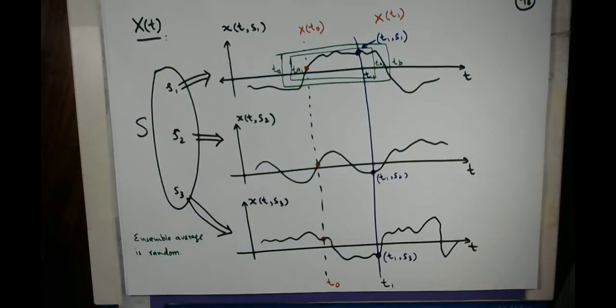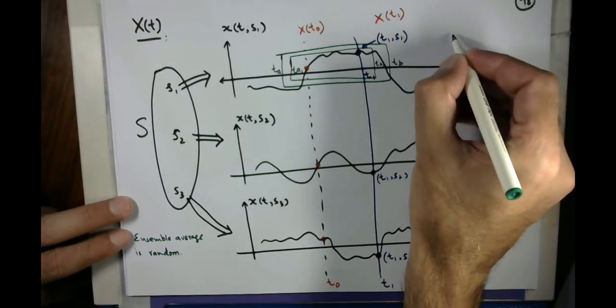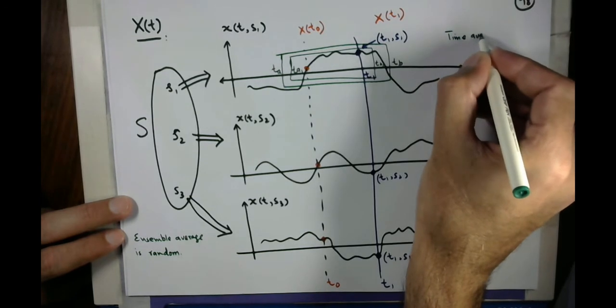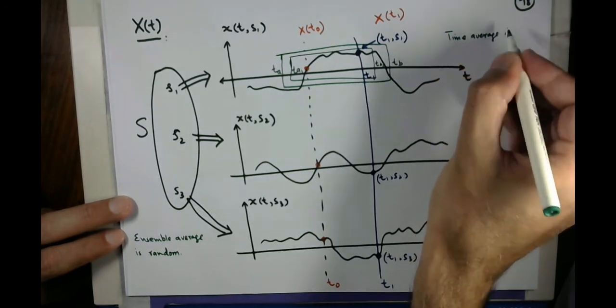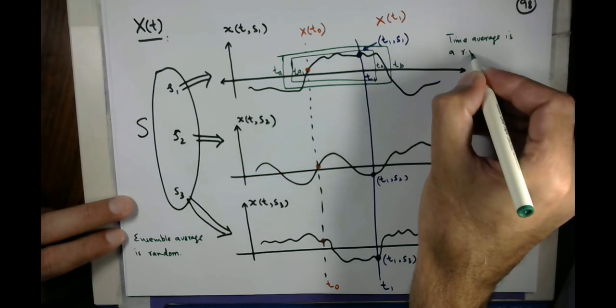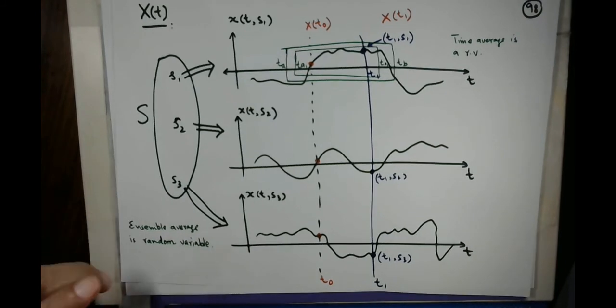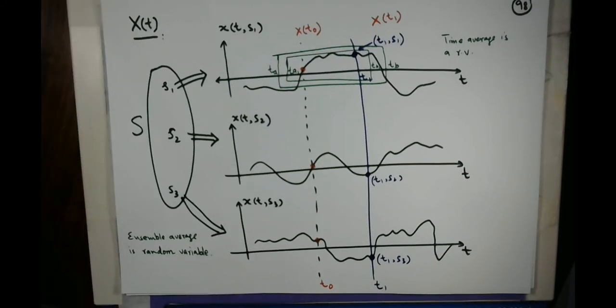So it depends on the time interval, and hence we can claim that time average is also a random variable. So my next important point is time average is a random variable. So the ensemble average is a random variable. Time average is also a random variable.